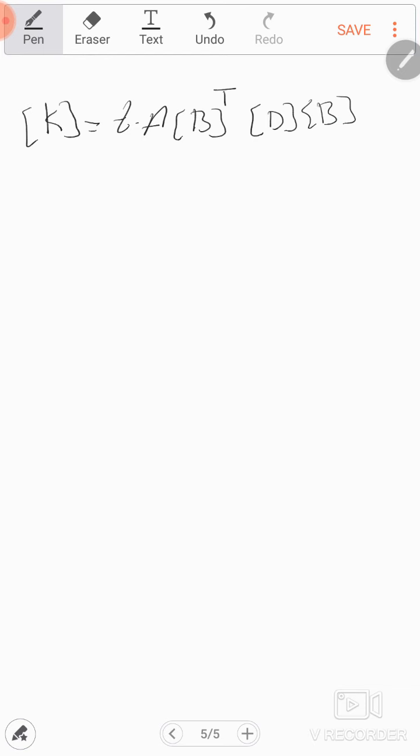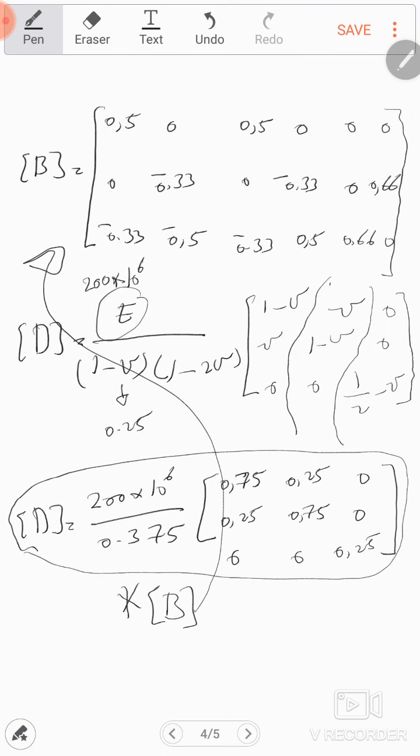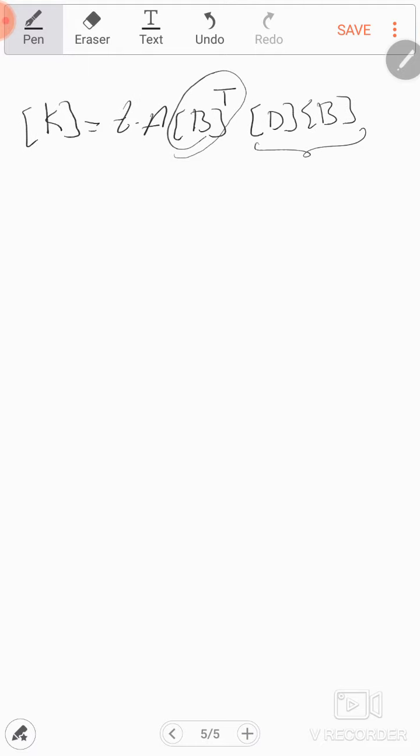So as I told you in the previous slide, multiply the D matrix with the B matrix to make it easy, and just transpose this B matrix that you already got. For A we already calculated it, and for t I give it to you, 50 millimeter.